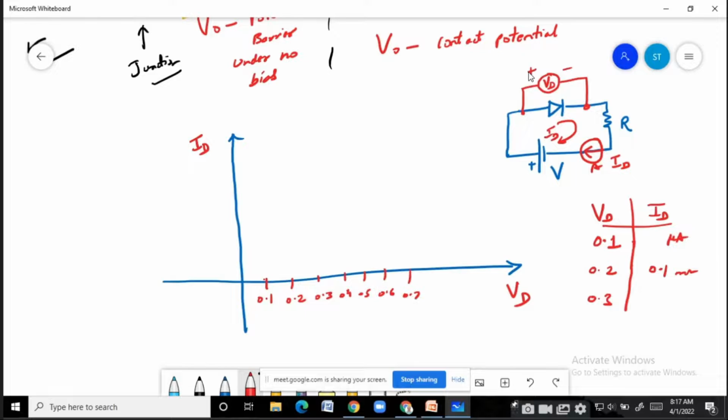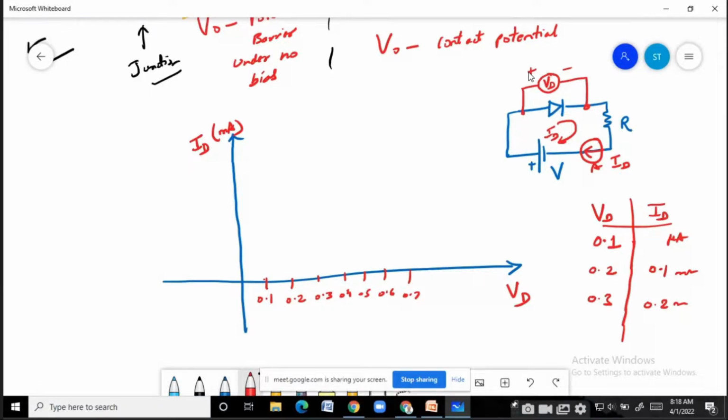Then at 0.3 it is 0.2 milliampere. Like that you keep on increasing. Then you plot a characteristic through this table. Initially the current is very small, and on the positive y-axis you keep the scale in milliamperes.